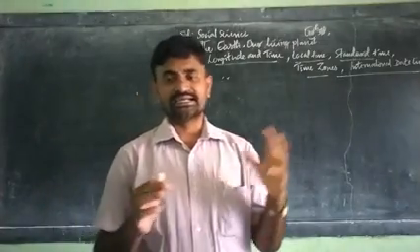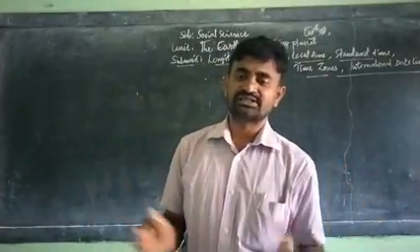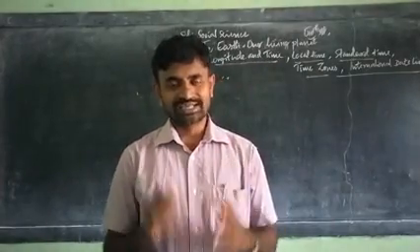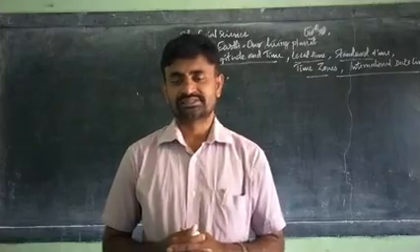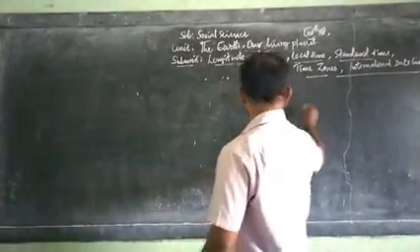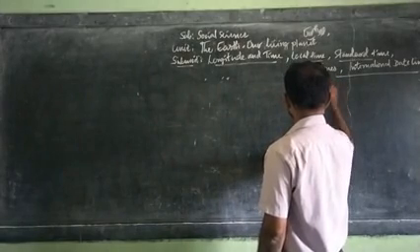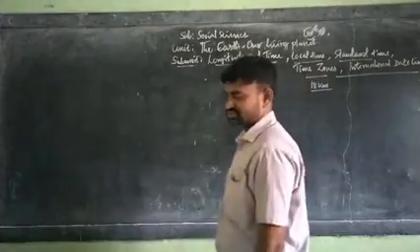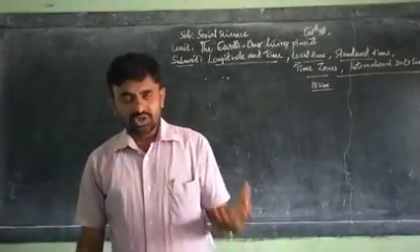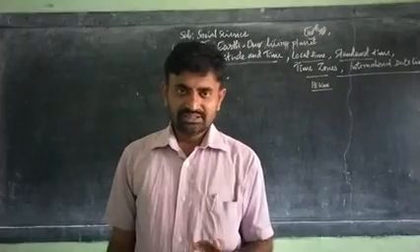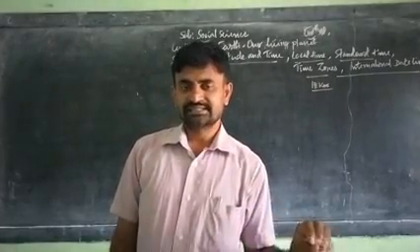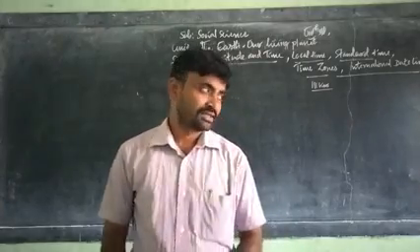On the equator, the distance between two consecutive meridians is 111 kilometers. So all those things we already learned in yesterday's class.